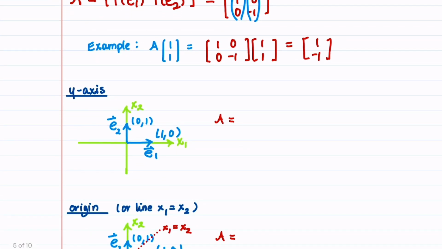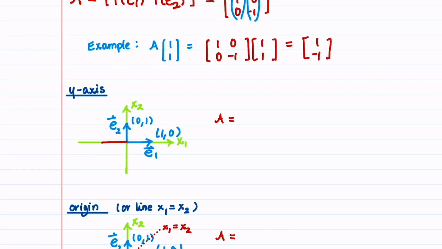To find the standard matrix for the reflection about the y-axis, we do something very similar. We're going to reflect e1 and e2 about the y-axis. e1 is going to come over here, and it's going to be given by [-1, 0].